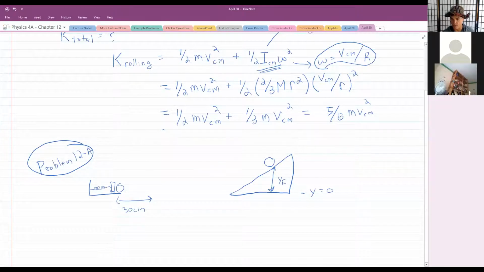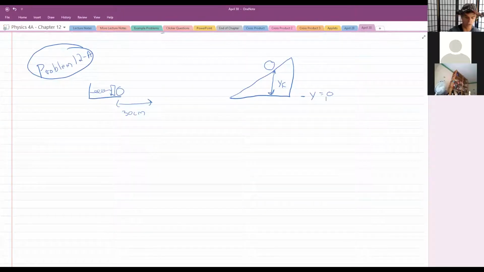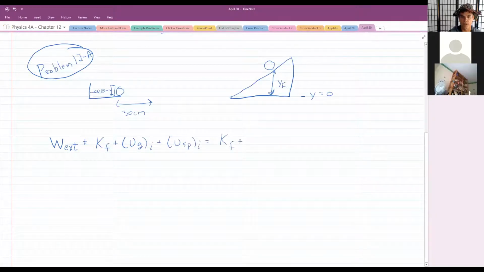So if I look at my big giant energy equation, I have the work done by all external forces plus my initial kinetic energy plus my initial gravitational potential energy plus my initial elastic potential energy equals my final kinetic plus my final gravitational potential plus my final elastic potential plus any change in thermal energy. 1, 2, 3, 4, 5, 6, 7, 8 terms.